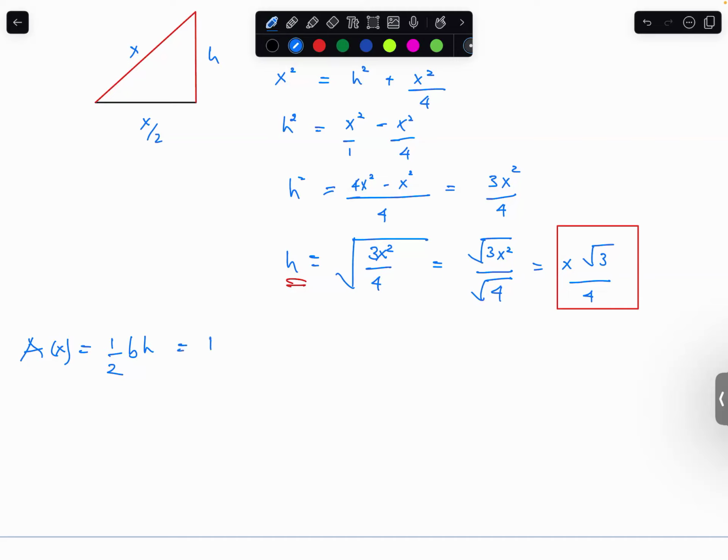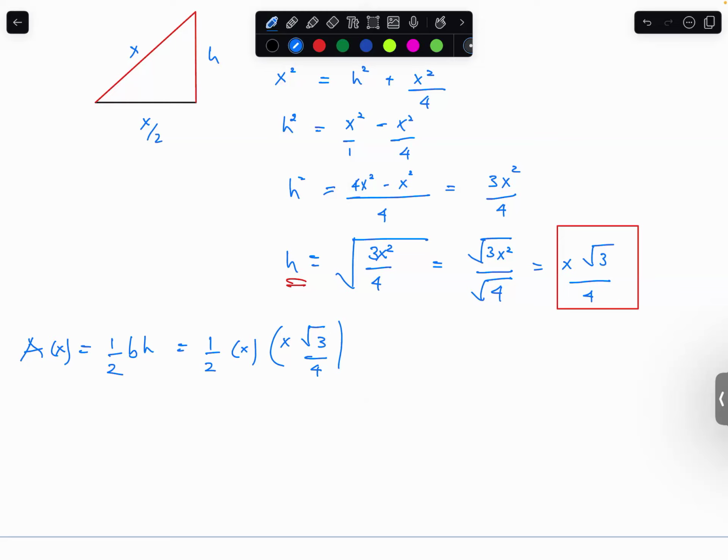So this is going to be 1 over 2 times x times x square root of 3 over 4. Okay, so I think everything is correct, right?